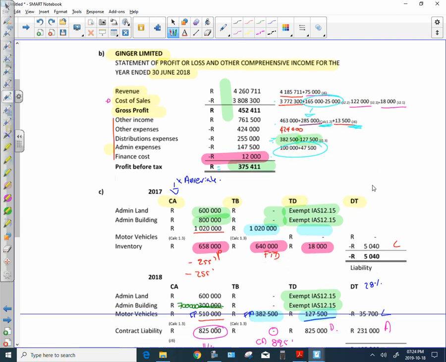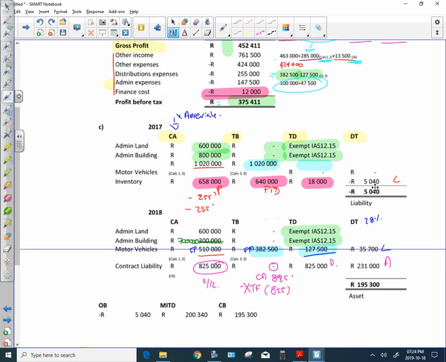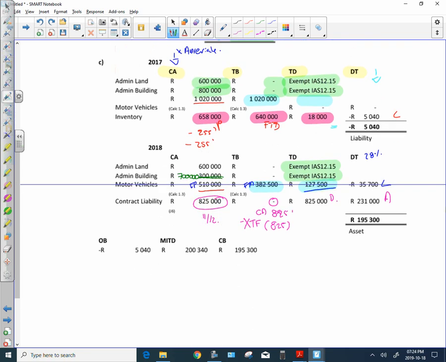Okay. Then in terms of 17, we've got our deferred tax liability. There was only the one amount. We had a liability in 2017 of 5,040. 2018, all we need to do is add it up, and we get an asset of 195,300. Then we need to calculate the movement in temporary differences so that we can put that into my tax calculation.